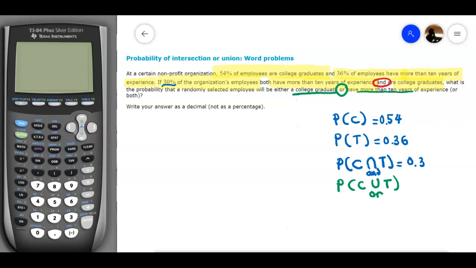So our question is, we don't know this. There are a couple of ways to do this.